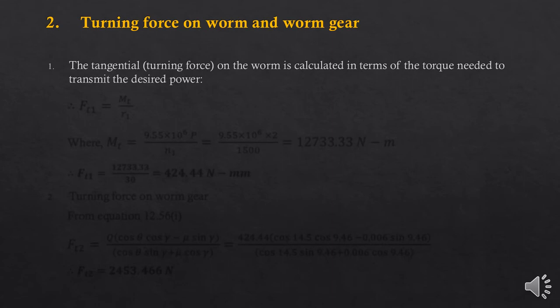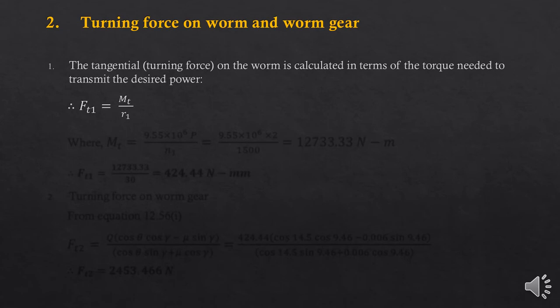The power that needs to be transmitted to the wheel is 2 kilowatt. So that's part of the problem statement. Now, the tangential force that acts on the worm will be the torque that needs to be transmitted divided by the radius, because we know that torque is force into distance.